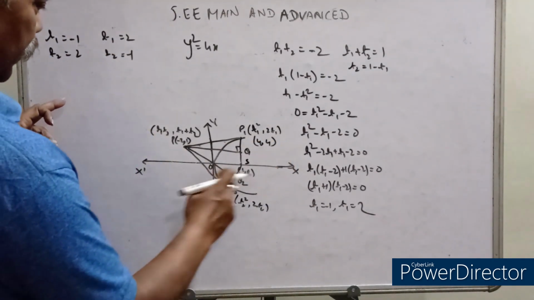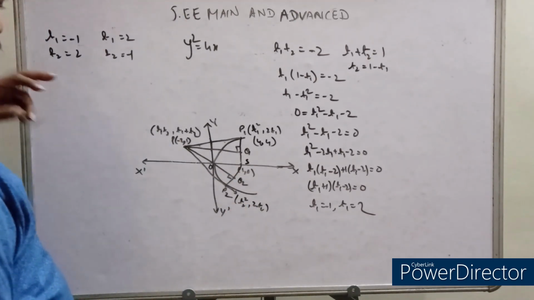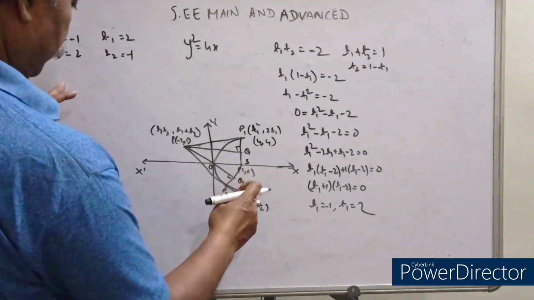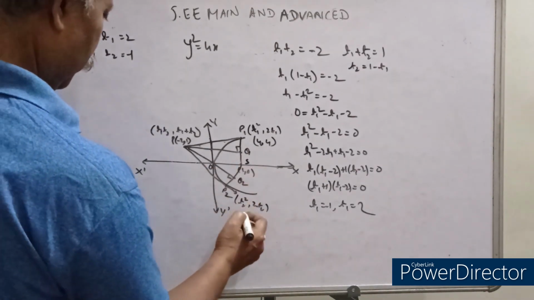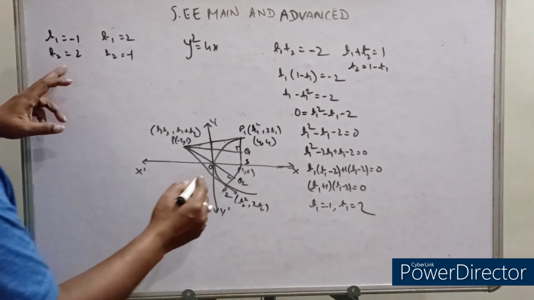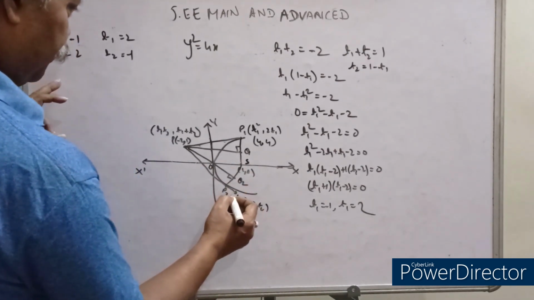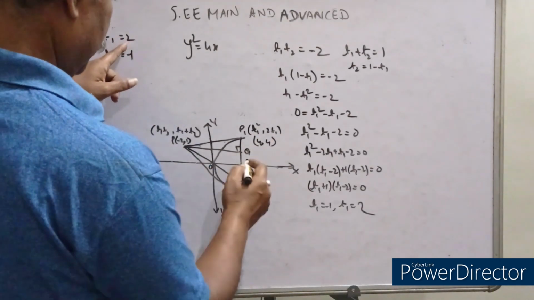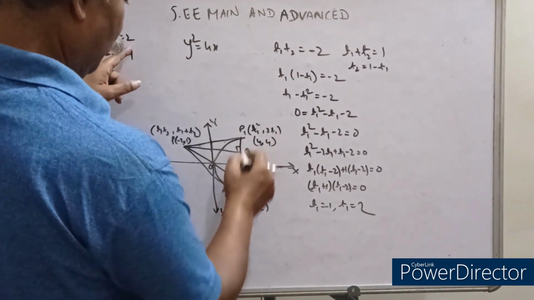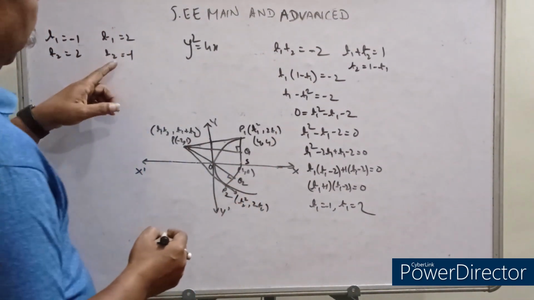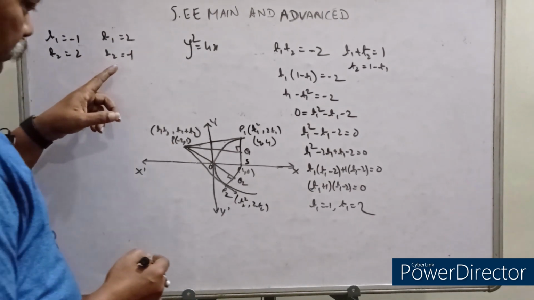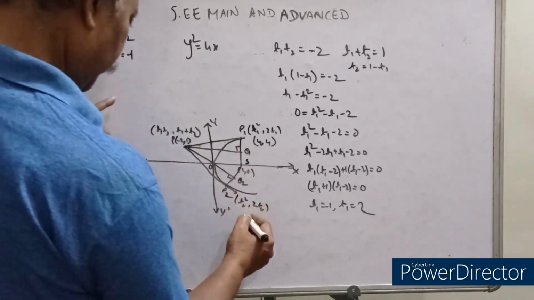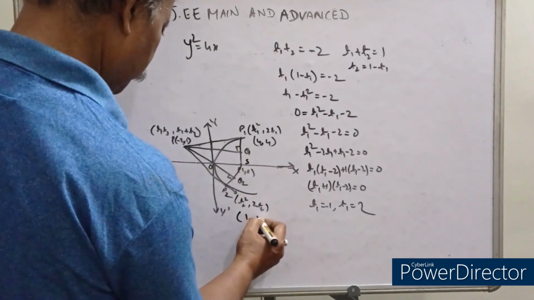And here again this is the positive side for x, but I have to take this t2 on the negative side because it is coming negative. So this will be (1, minus 2).